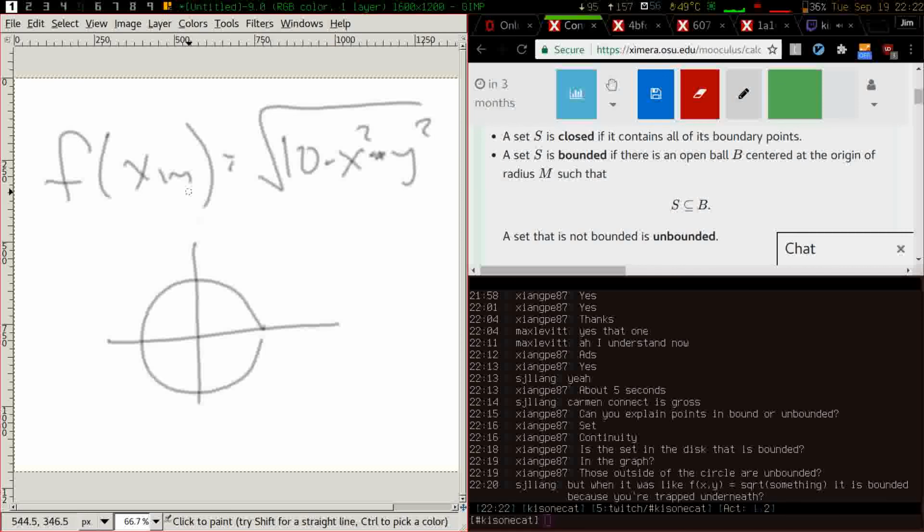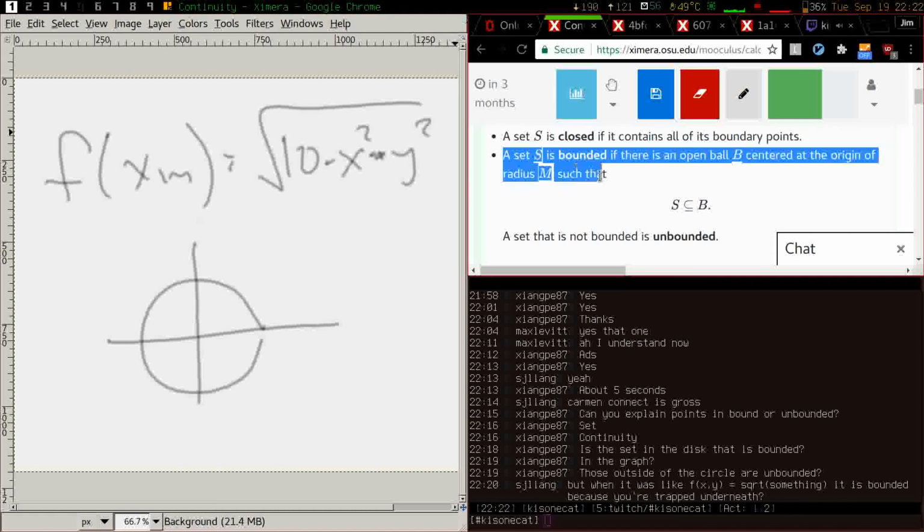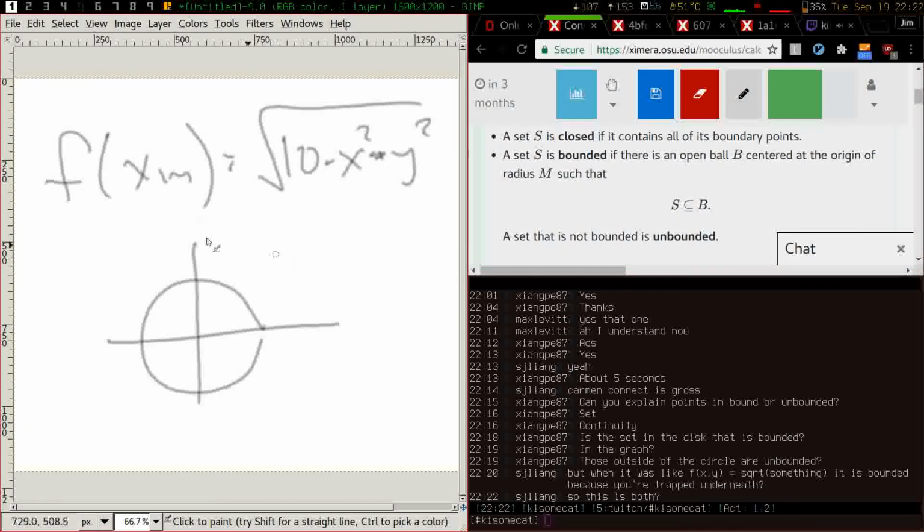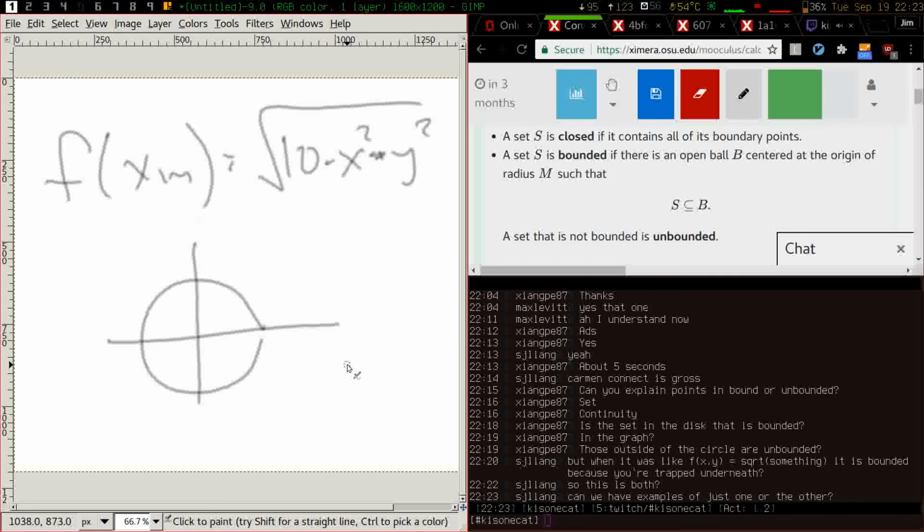Here, we're talking about whether or not a set is bounded. In this case, this function is bounded and its domain is bounded, and consequently its graph is bounded.